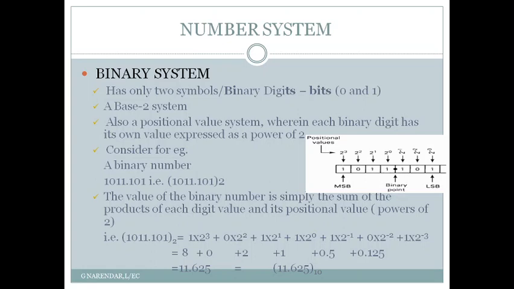So the value of the binary number or its decimal equivalent can be obtained by multiplying the digits of the binary number with its corresponding position value, and adding all these products will give you the value of the binary number or its decimal equivalent.